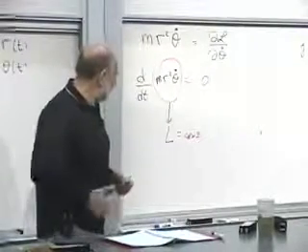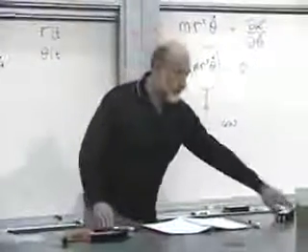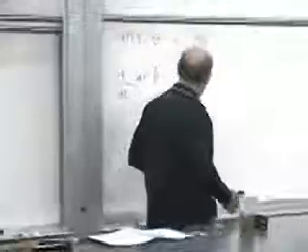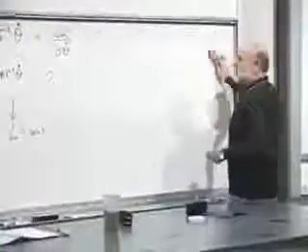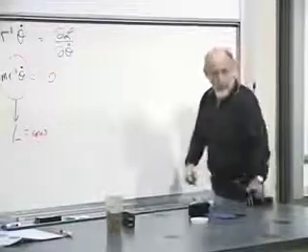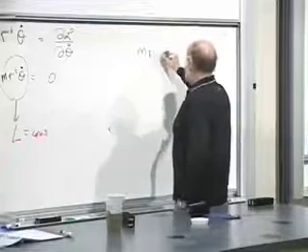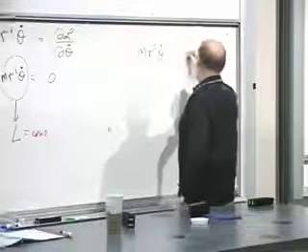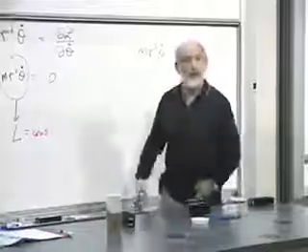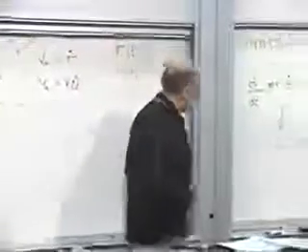In fact, that gives us a good clue about the nature of the motion of the system. If L is conserved, let's see what that says. It says that m r squared theta dot doesn't change. It's equal to a constant, whatever it was when you began. However you began the motion, the angular momentum doesn't change.